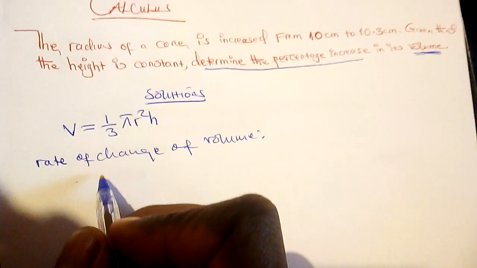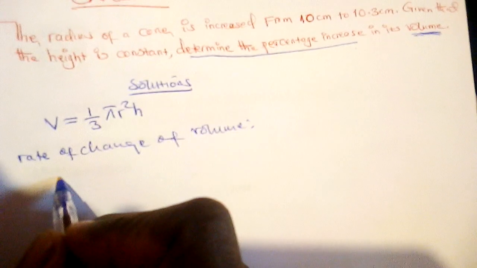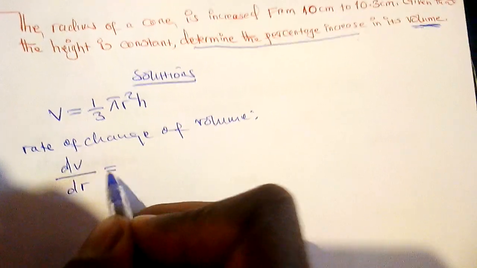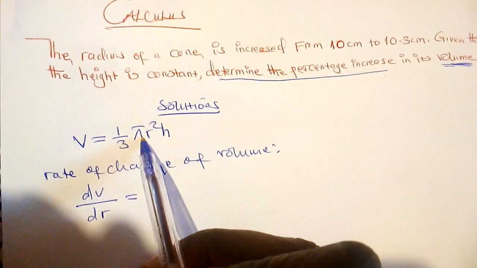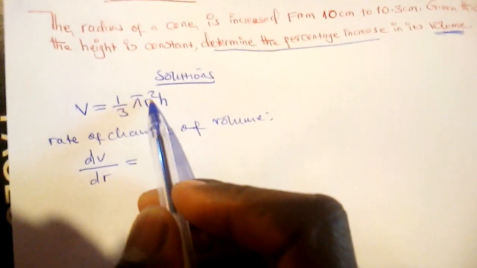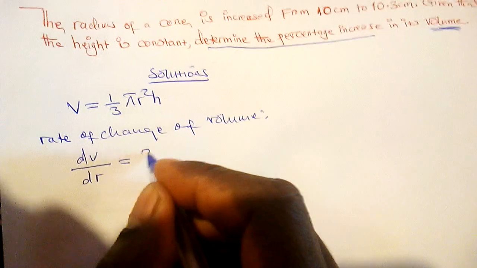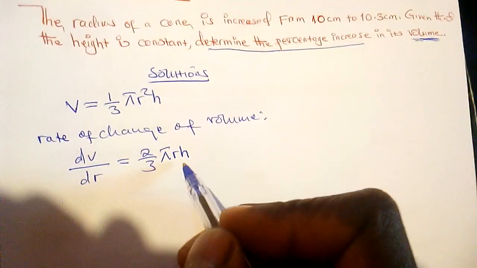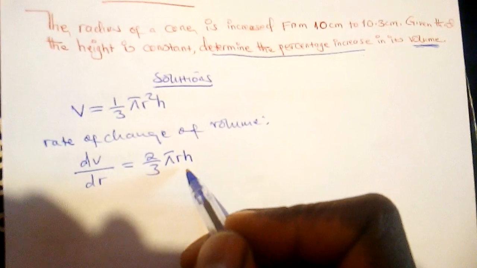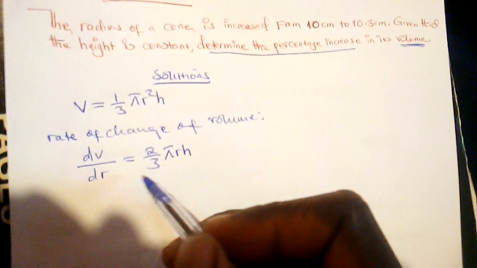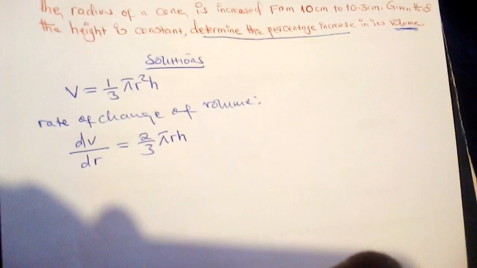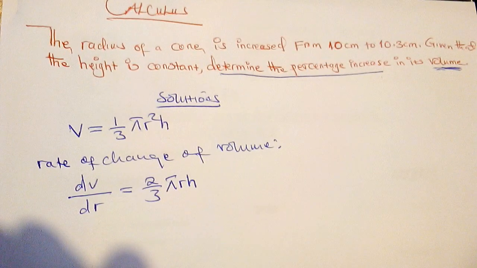The rate of change of volume with respect to r will be dV/dr, and if we find the derivative of this formula, we'll find 2 multiplied by 1/3, and we're going to have 2/3 pi r h. Remember, h is constant. Once this is done, we see that dV/dr, or the rate of change of volume, is given by 2/3 pi r h. Once this is done, we move on to another aspect.